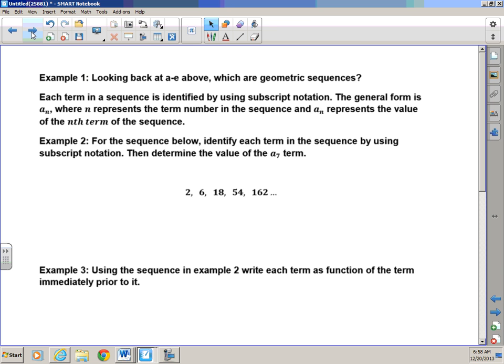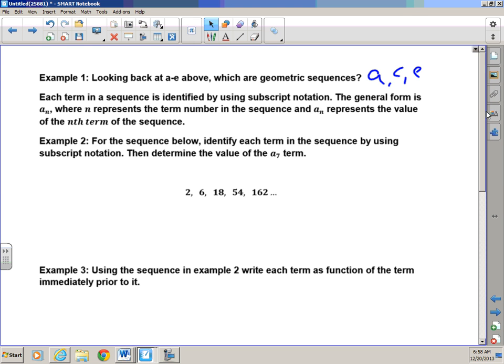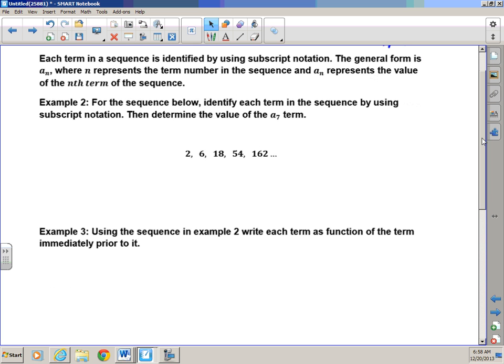So when you look back, A, C, and E. Now, what we want to do, which is what we did for an arithmetic sequence, is to figure out a formula to be able to figure out any term in the sequence without having to find all of the other terms. So let's talk about that.